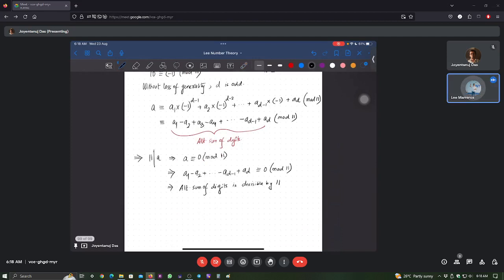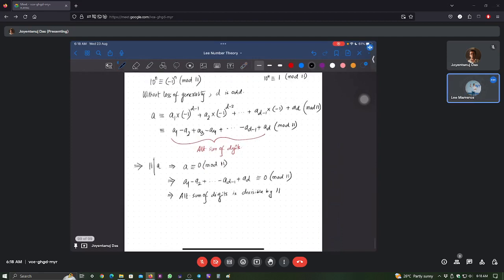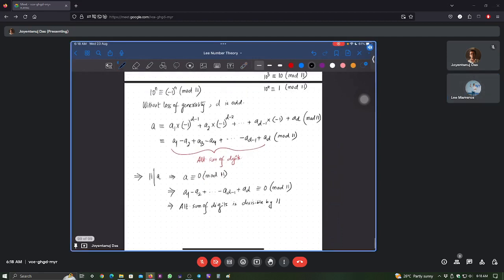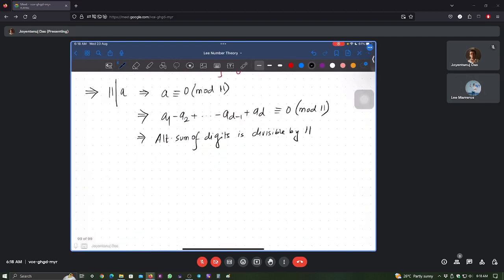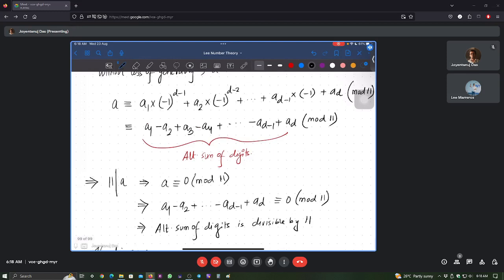But what happens if d is even? Then we can do that also. That is not a problem. So let us do it. If d is even, then it will have an extra minus sign outside.